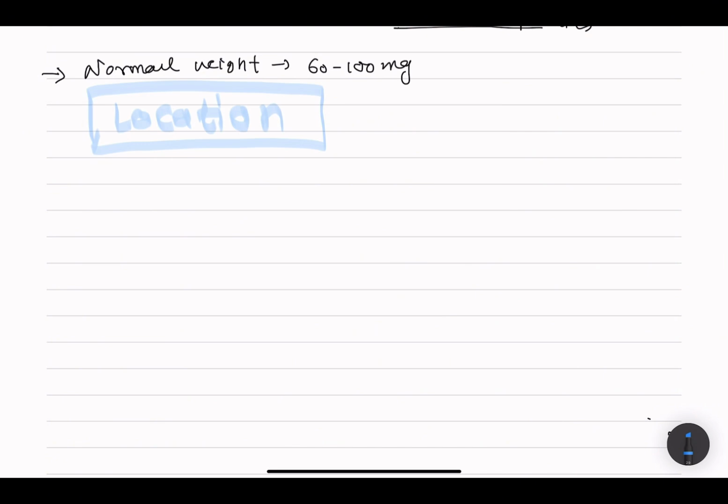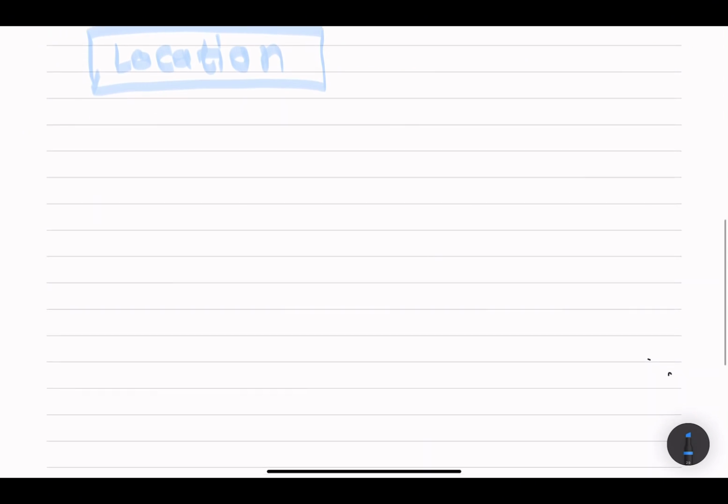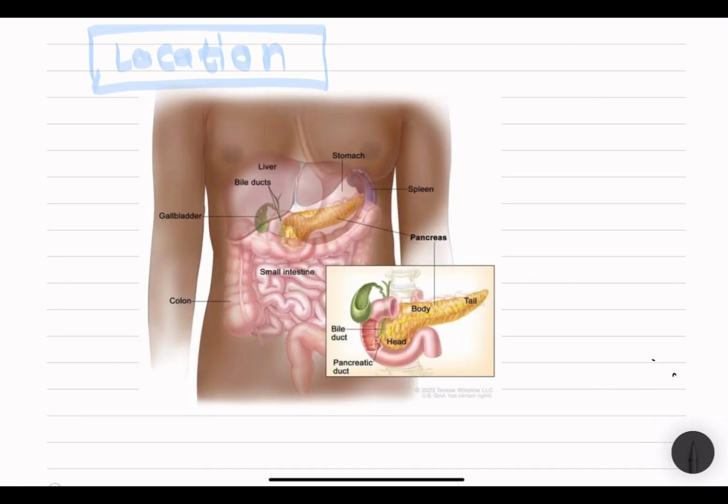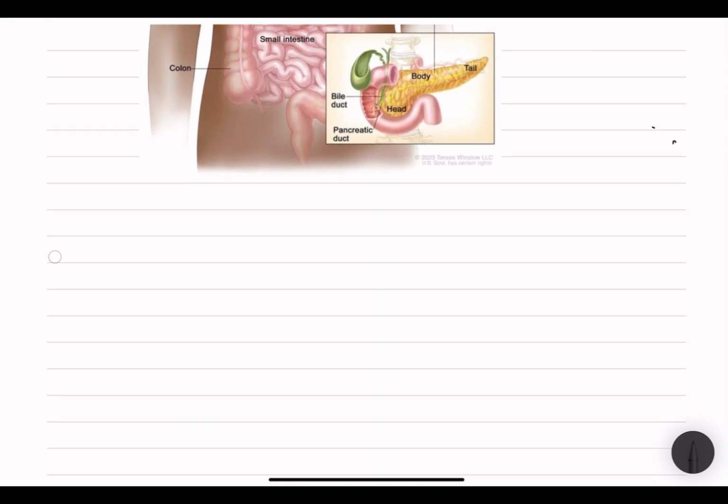First we will see by the diagram, so we can easily identify the location of the pancreas. The location of the pancreas is thoracic 12, lumbar 1, lumbar 2 to lumbar 3 region. So you have to know the location of the pancreas. It's located at the level of thoracic 12, lumbar 1, lumbar 2 and lumbar 3 region.